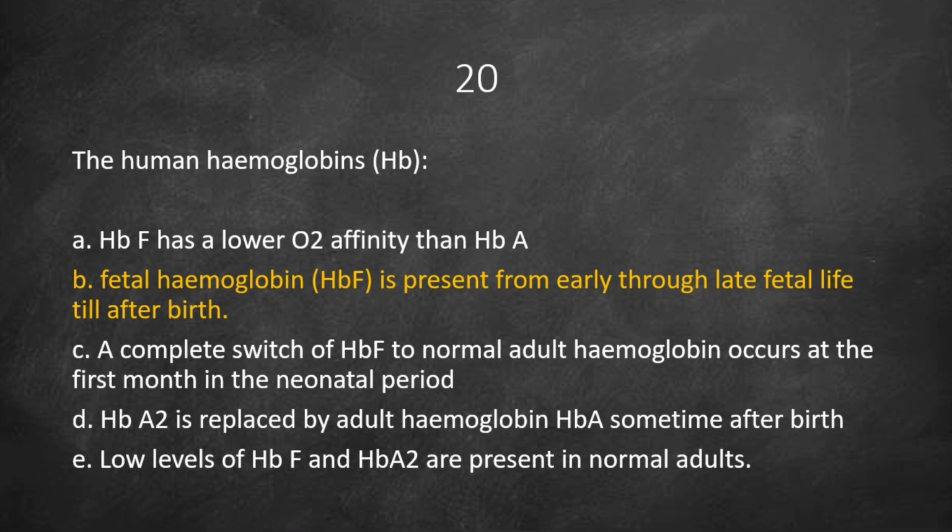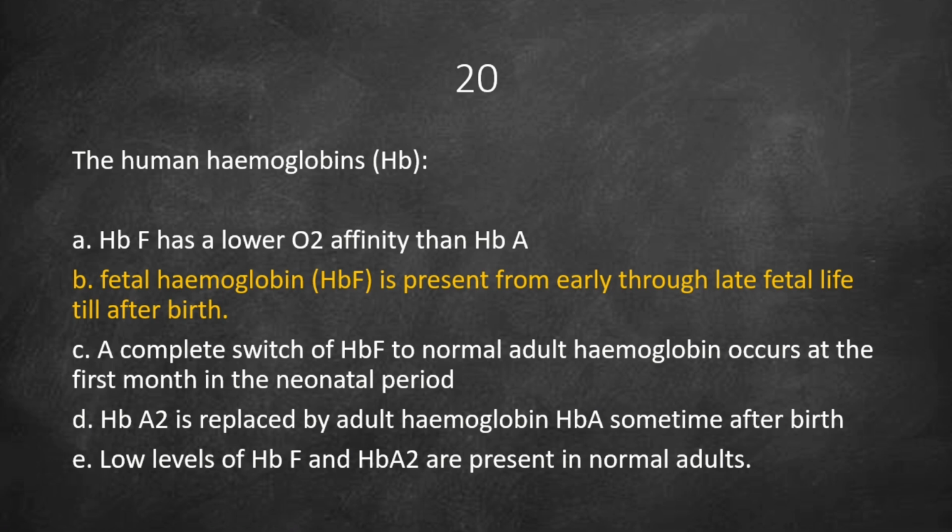Then if you take option E, it says low levels of hemoglobin F and A2 are present in normal adults. So this statement is correct in a sense, because while hemoglobin F levels are low in adults, trace amounts can still be detected.